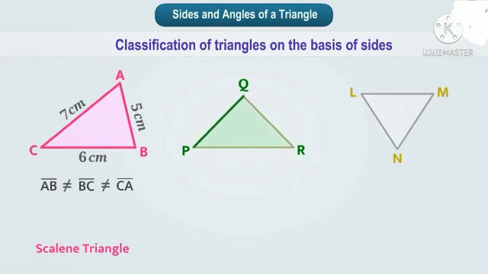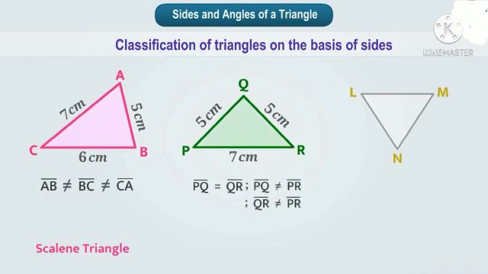It has PQ 5 centimeters, QR 5 centimeters, PR 7 centimeters. Here, PQ is equal to QR. A triangle with only two sides equal is called an isosceles triangle. In a triangle, we can show two equal sides using the same sign in this way.